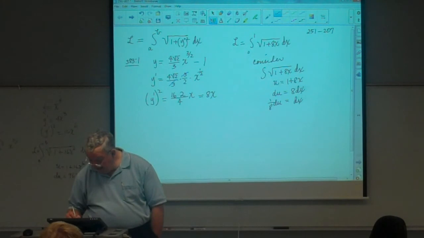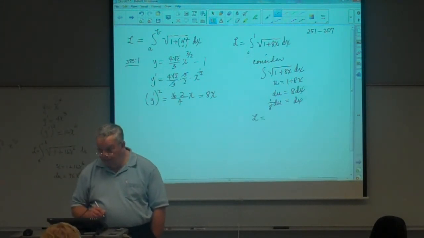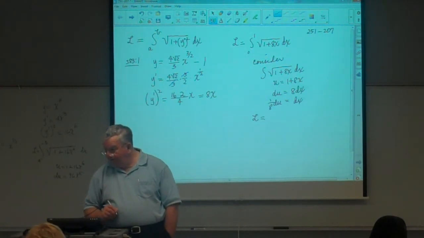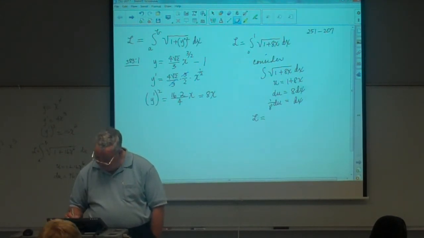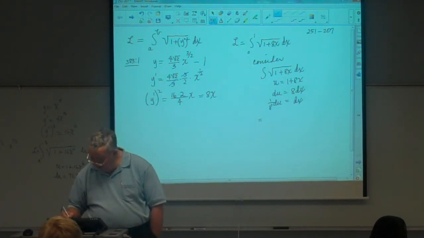And now L, back to the original problem. This is what I was talking about, Daniel, about leaving them off. Now back to the original problem. L, whoops, I'm not ready to go to the original problem. I've got to work this one first.